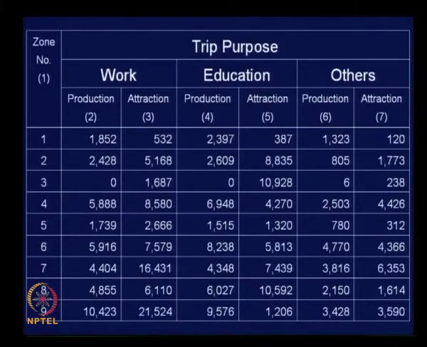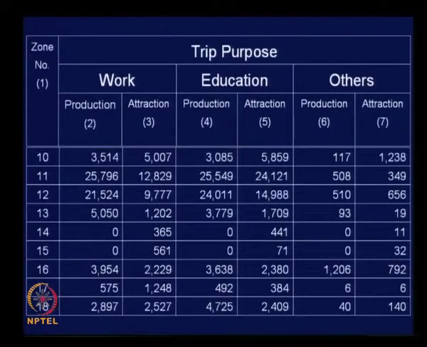And the same data for other zones, 10 to 18, and you can see the numbers have reached values of 25,796, which appears to be the maximum of trip production, and attraction has also touched nearly 24,121, which appears to be the maximum of the trip attraction values.